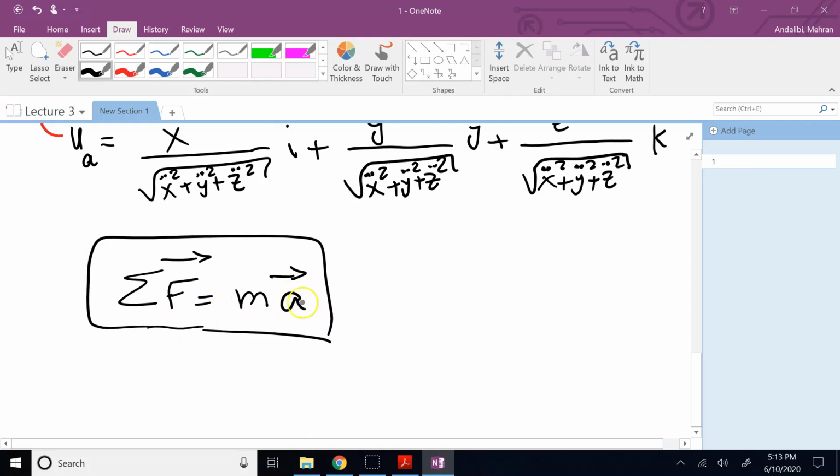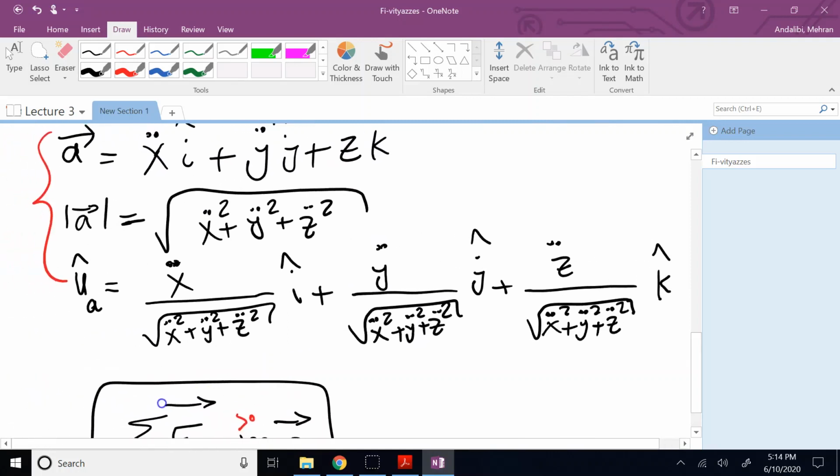So if I know vector a, since m is a positive constant, what happens? The direction of F is the same as direction of a, right? And the magnitude of a is magnitude of F divided by m. So what does this give me?